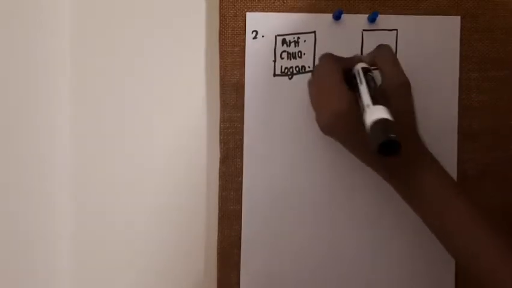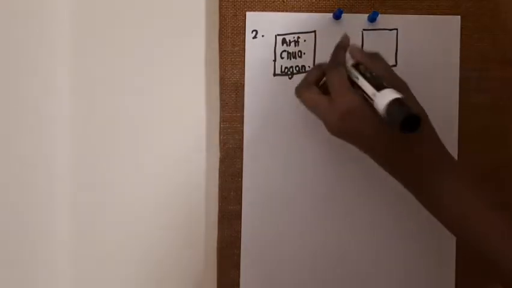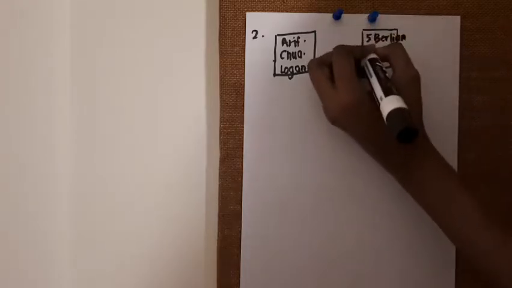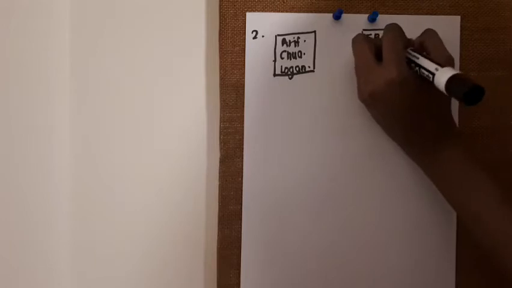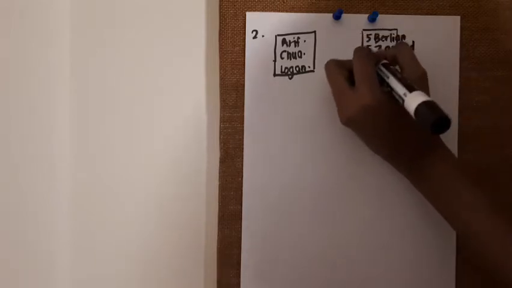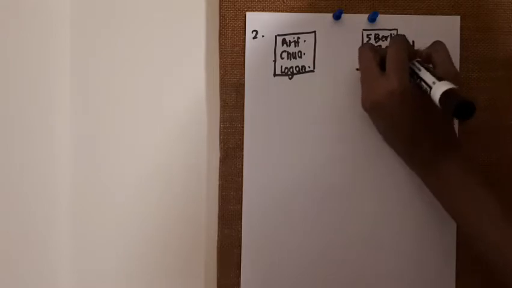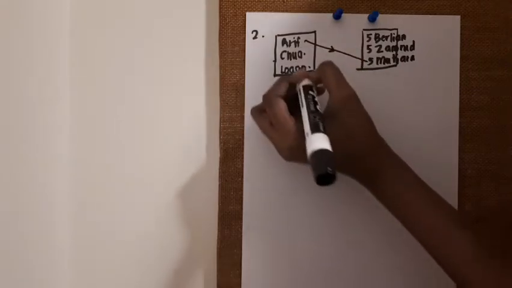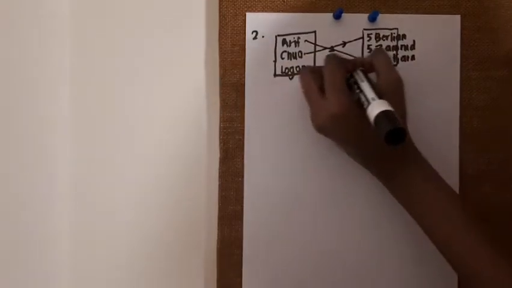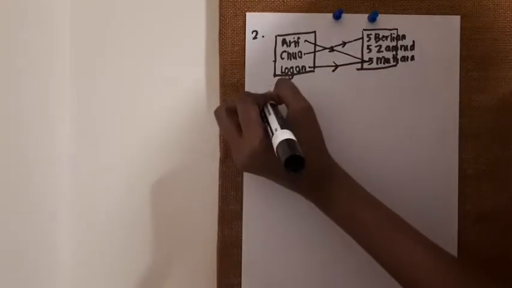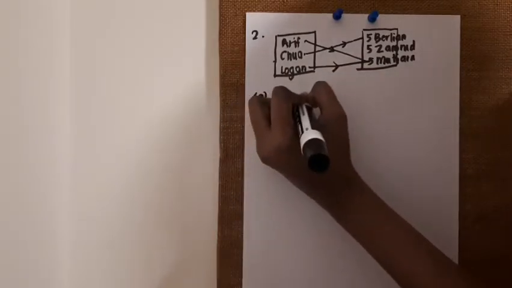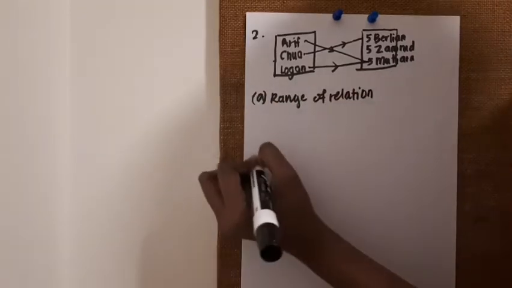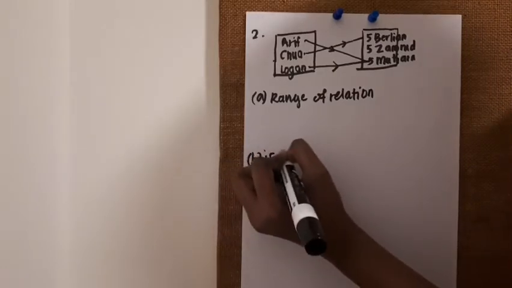This arrow diagram has three names over here and three classes, including Lima Mutiara, and the mapping goes like this, and like this, and also like this. The question asks for the range of the relation, and also whether this is a function.